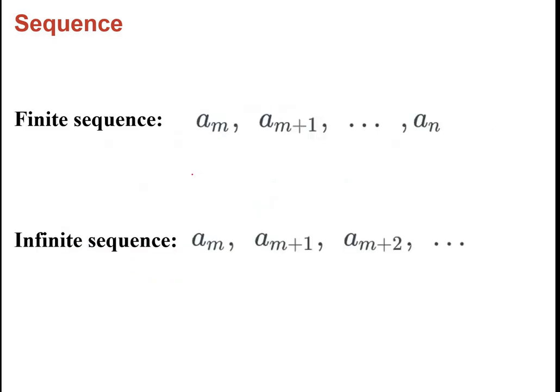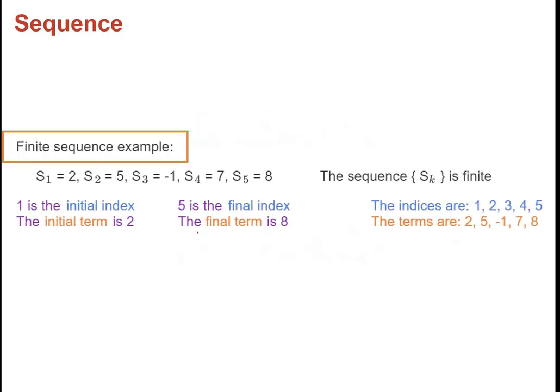A sequence can be finite. This is just a general way of representing a finite sequence. And it can be infinite also. We'll see that a typical example of an infinite sequence is the Fibonacci sequence that we'll talk about later on. And a finite sequence is this one. It has only 5 elements.